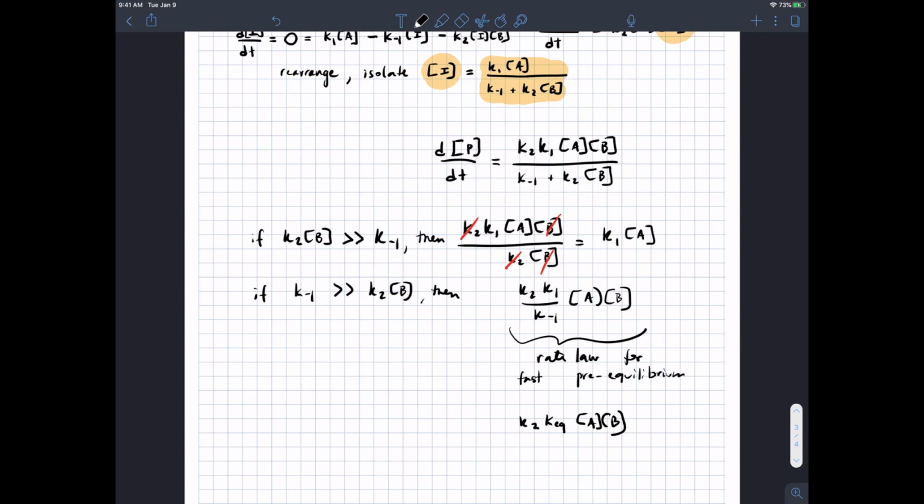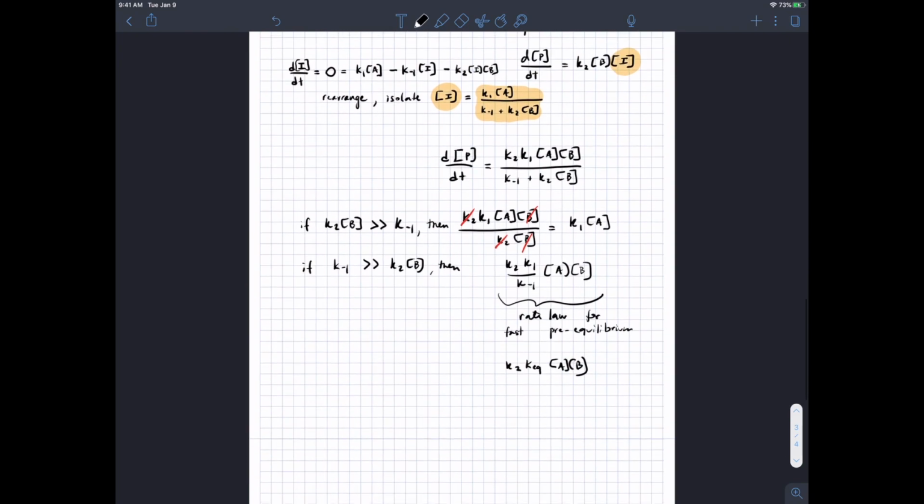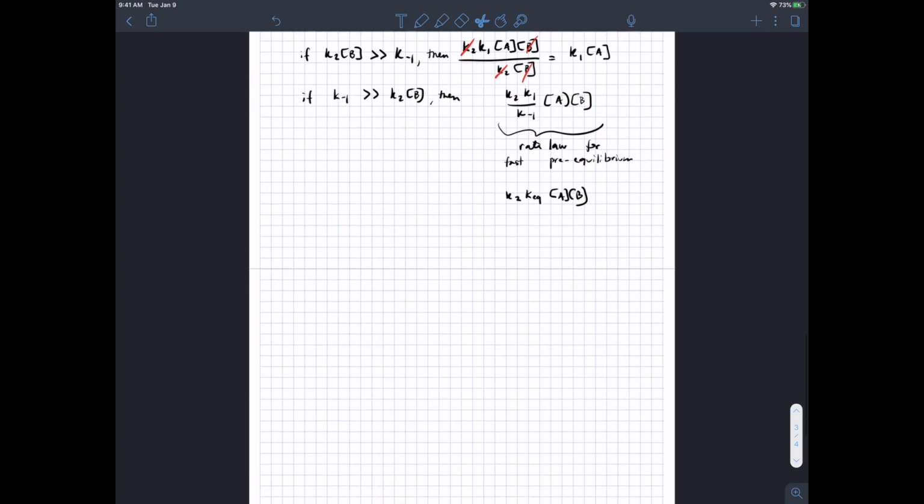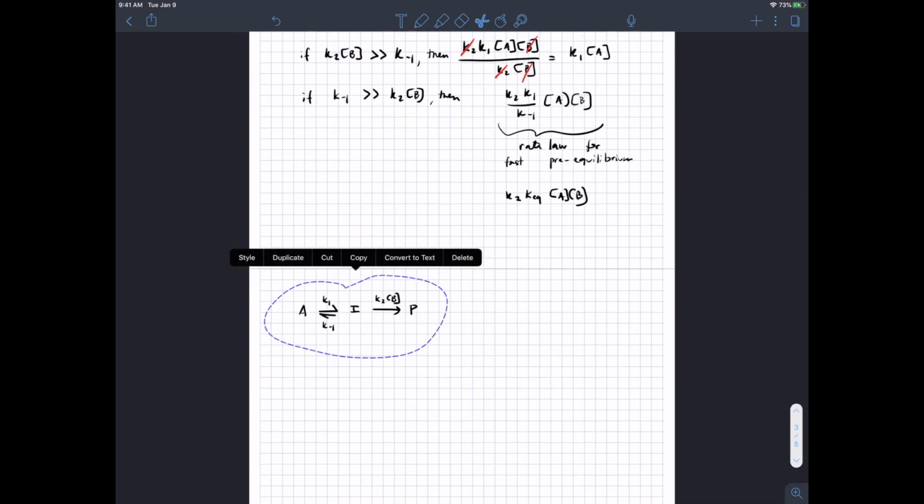All right. We're going to make this situation just a little bit more complicated. I'm not going to derive the steady state approximation rate data, but I do want to show you this because it's going to give you the answer to why the SN1 reaction looks like it's unimolecular, even though you got to have nucleophile there to make it work.